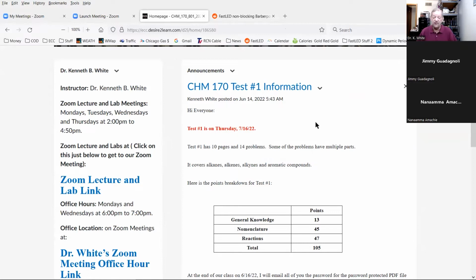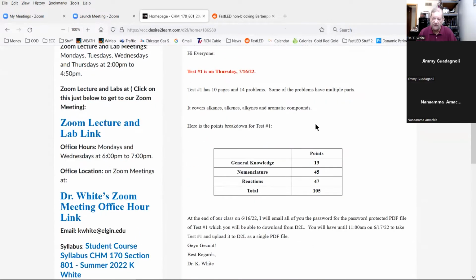You'll take it on Thursday or Friday morning. Test number 1 has 10 pages, 14 problems. Some of the problems have multiple parts like A, B, and C, like my practice problems do, but they're not multiple choice.